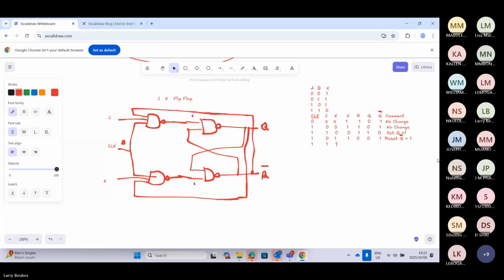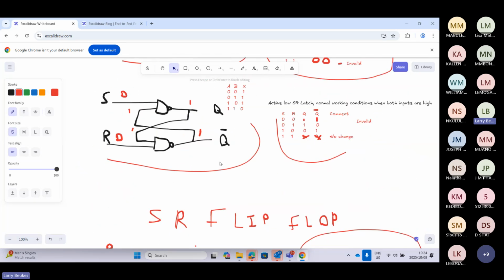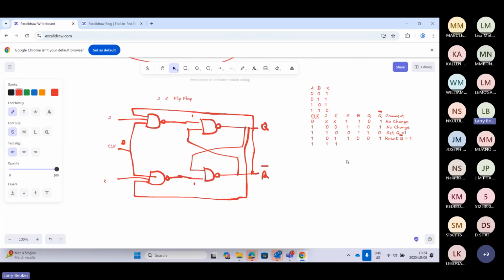Remember now, if we had the input 1, 1, what was happening? Let's go back and see. 1, 1, there was no change, okay? 0, 0, we had invalid, okay?